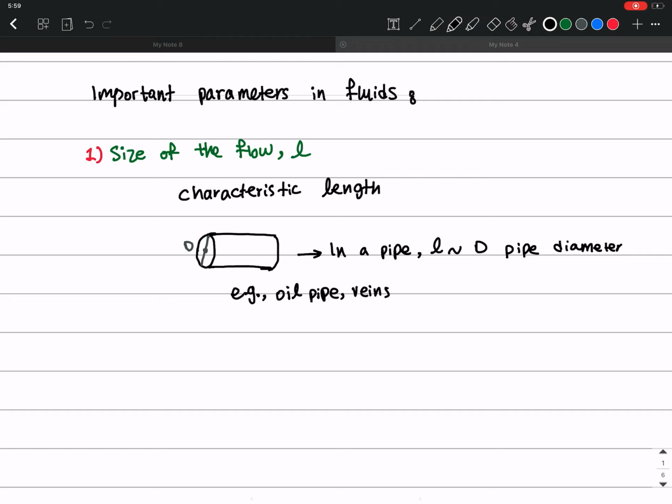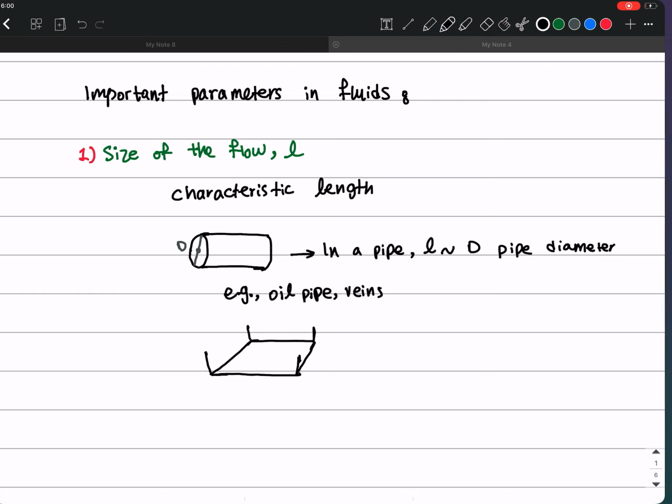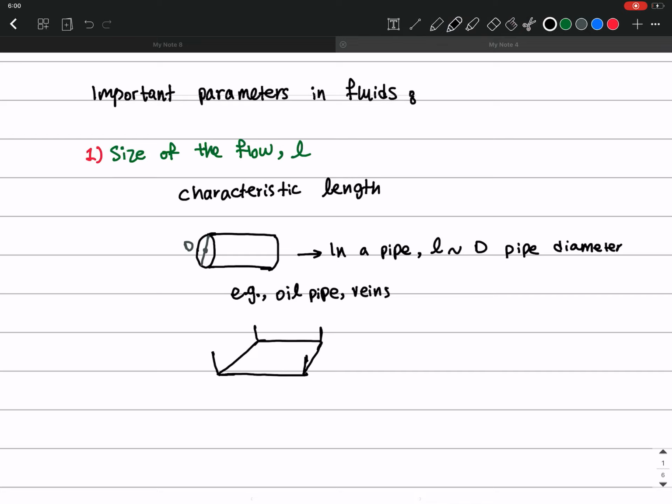For example, if you have a channel flow, say you have a channel like this, and I'm drawing it three-dimensional. Say the fluid is coming from this side.